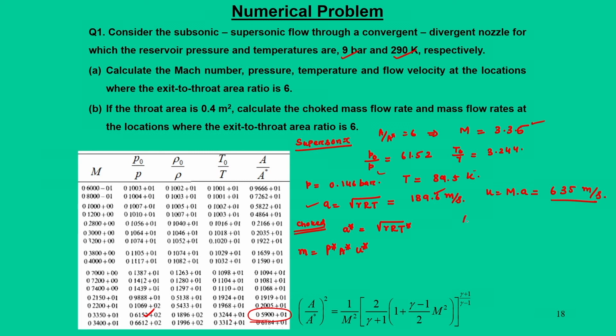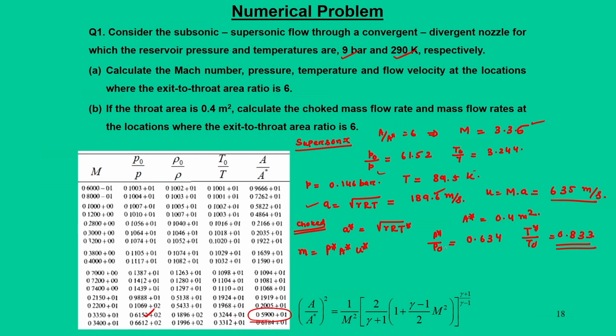So, A star is given as 0.4 meter square, and the rho star by rho naught, already you have this ratio 0.634, and T star by T naught is 0.833. So, these relations are there for when the flow is sonic at the throat.